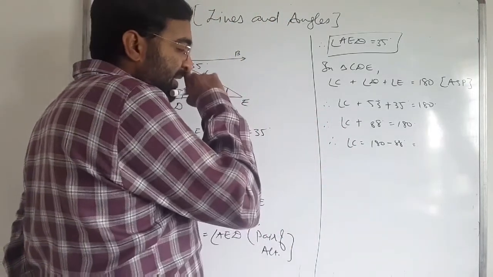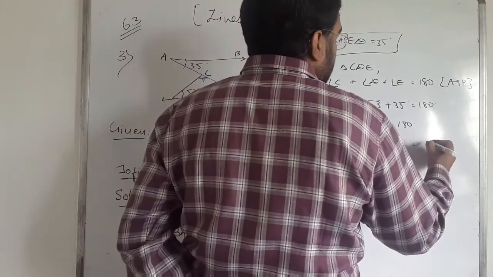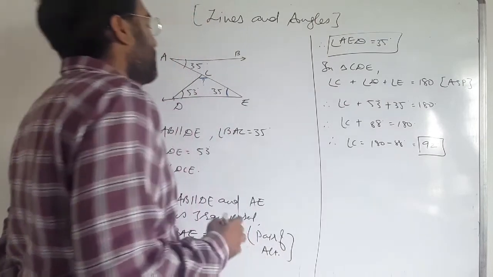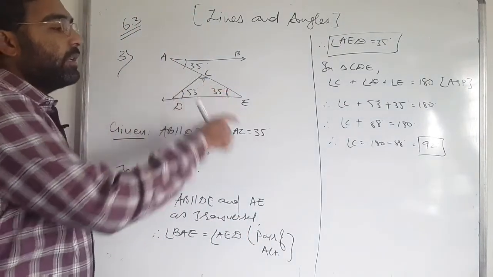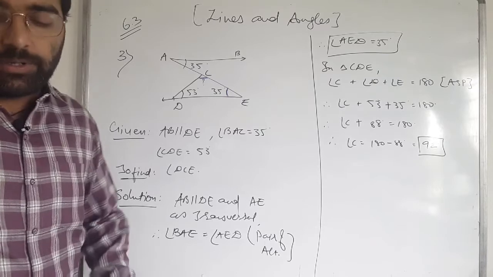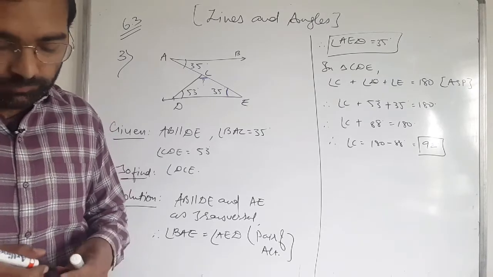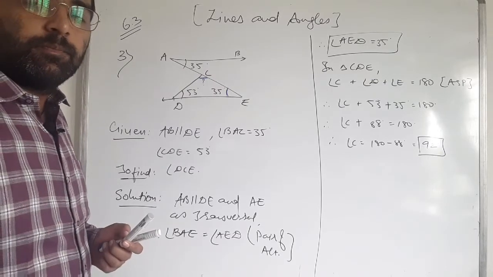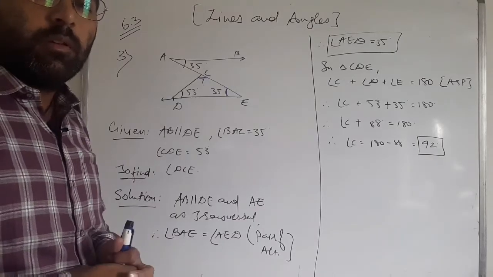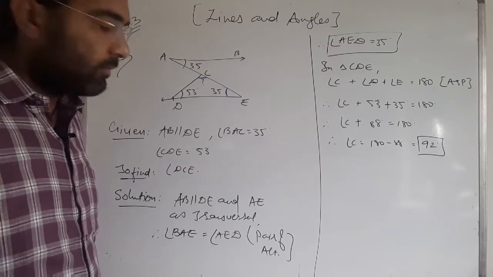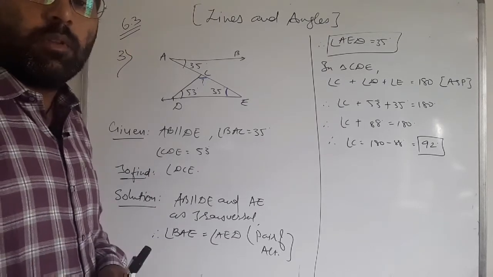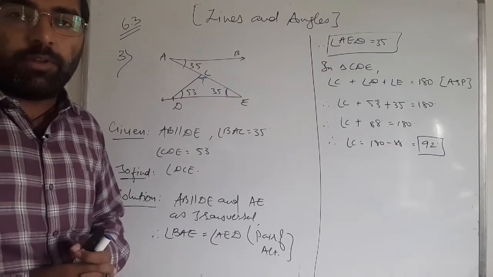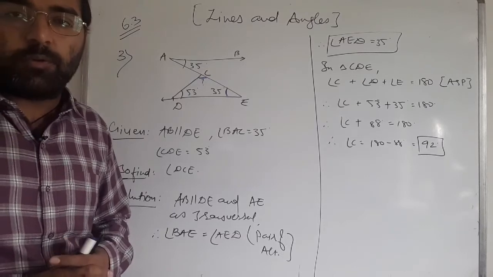So your angle DCE is equal to 92 degrees. Clear? Please note this down fast. Now we have to move to question number 4.